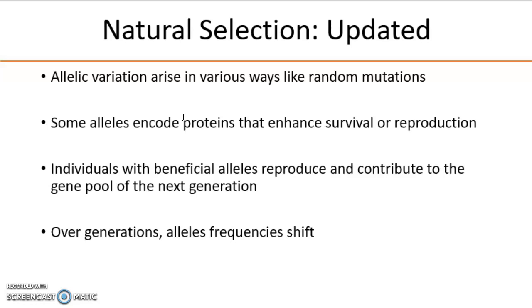Those mutations can create new alleles, and we know that a gene encodes for a protein, and then that protein has a function. So now we're having these mutations and this variation that's giving us the allelic change, so the genetic sequence change, the protein change. Then those alleles might encode proteins that enhance survival or reproduction.